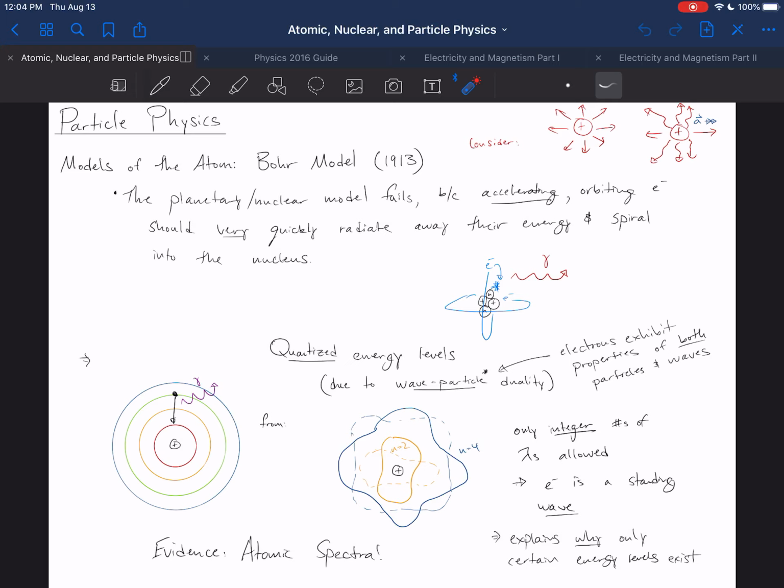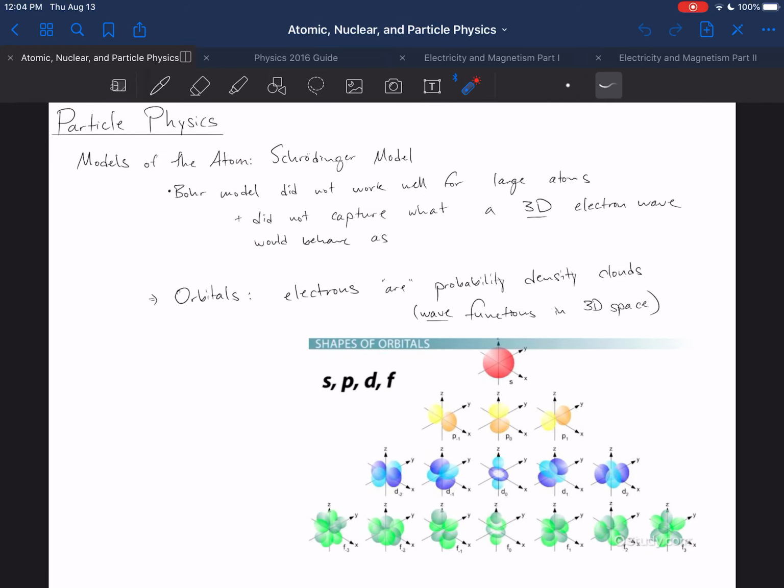And the equations governing how to get the same sort of standing wave for a three-dimensional model are much, much more complex, but led us to what is now known as the modern Schrodinger model of the atom, where orbitals, which is a term often seen in chemistry, are what corresponds to the electron, where in truth what the electron is is this probability density cloud.